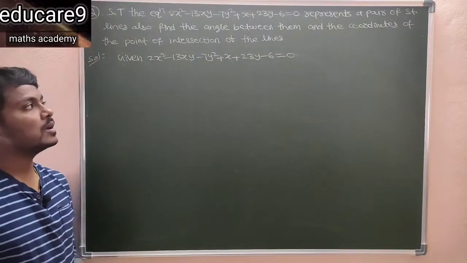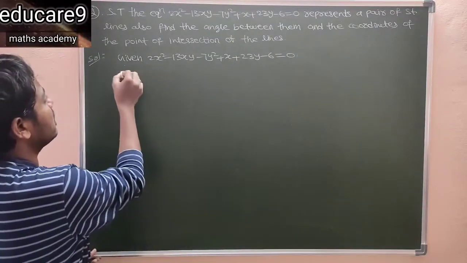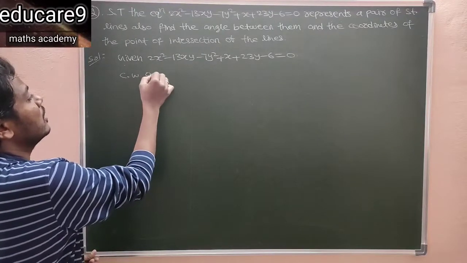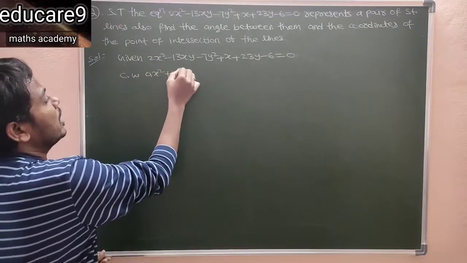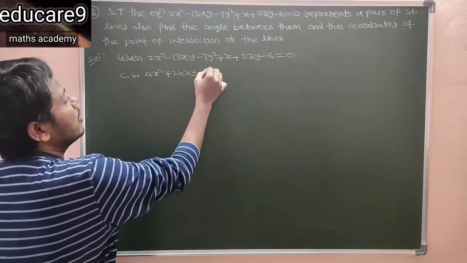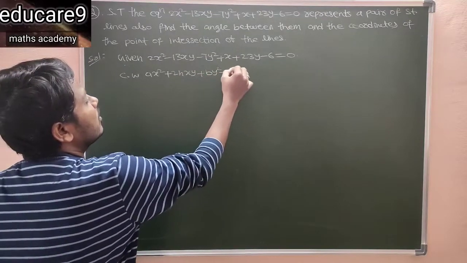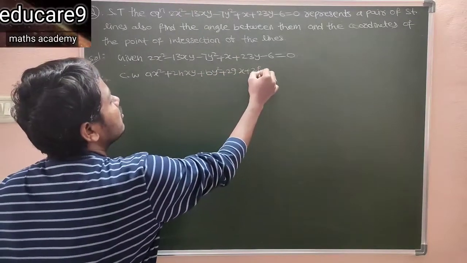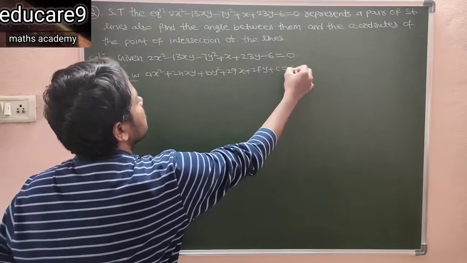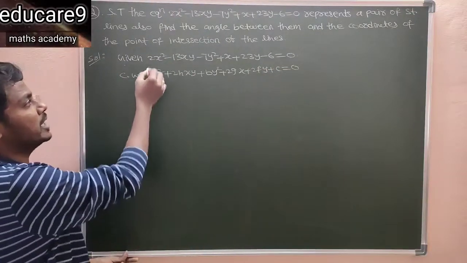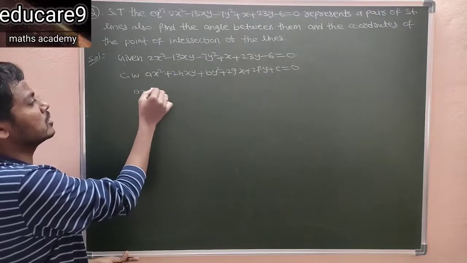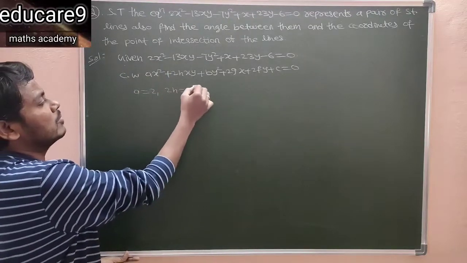Okay. So see here, comparing this equation with ax square plus 2hxy plus by square plus 2gx plus 2fy plus c equals 0. So clearly what is a value? A is equal to 2. 2h is what?